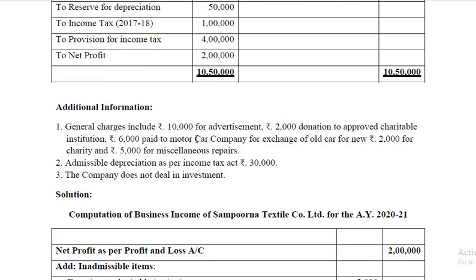Then rupees 6,000 paid to a motor car company for exchange of old car for new. So in exchange of the old car, you have purchased a new car and paid rupees 6,000. This is a capital expenditure, therefore this is not allowed. That should be added back while computing business income. Then rupees 2,000 for charity. This is also not allowed.